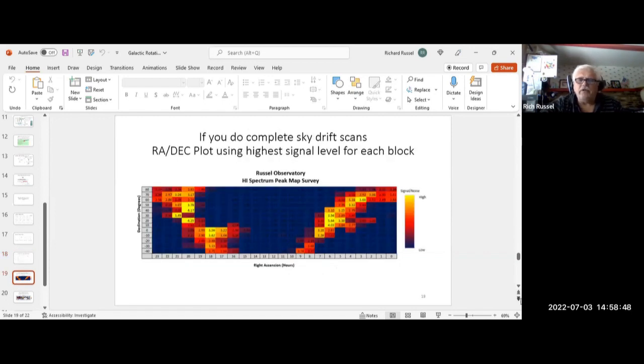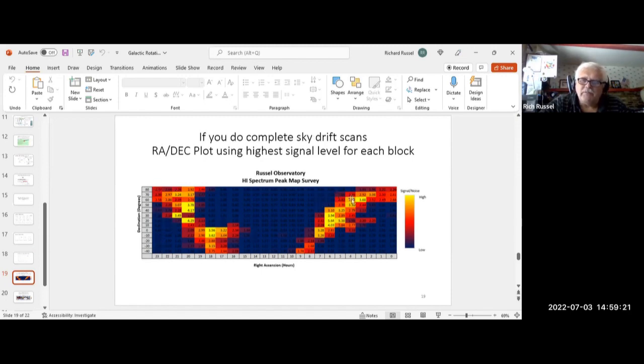Now, the other thing I use the data for, this is definitely the starter kit. If you want to learn the better stuff, you talk to a couple other members who can actually take the data and make beautiful plots out of it. But this is what I did in the early days, where I've got right ascension and declination, and I took the peak signal strength and basically stuck it in each one of the blocks for right ascension and declination.